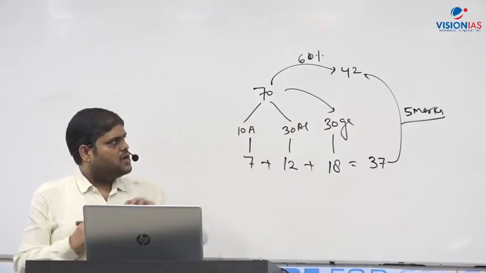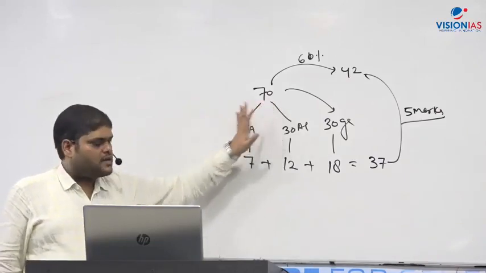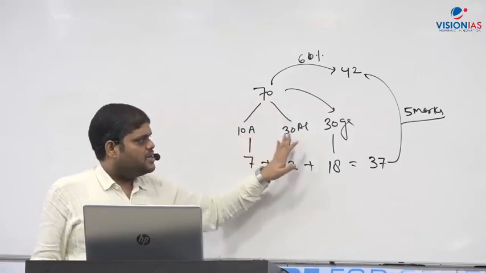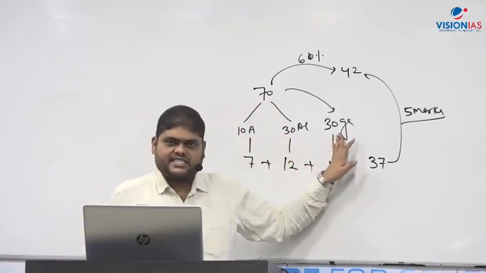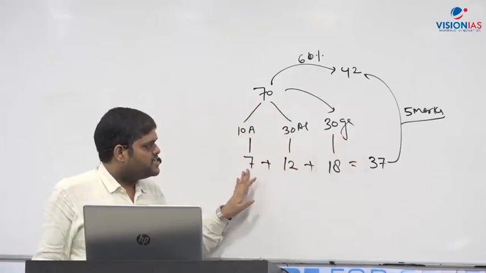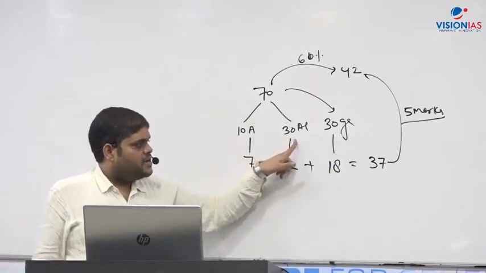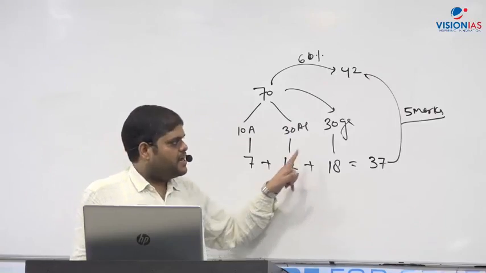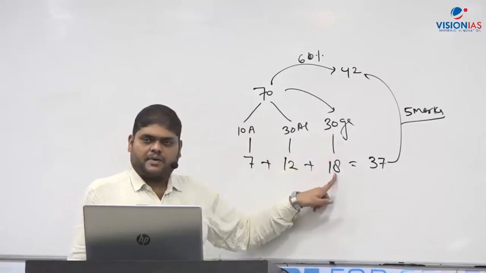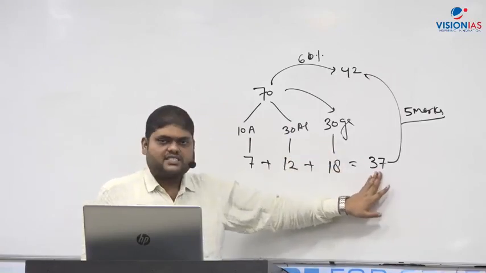The question was: total 70 problems, 10 arithmetic, 30 algebra, 30 geometry. Out of this, she attempted 70% of arithmetic, 40% of algebra and 60% of geometry. That means she has done 37 questions.